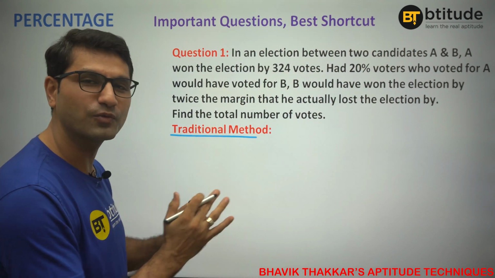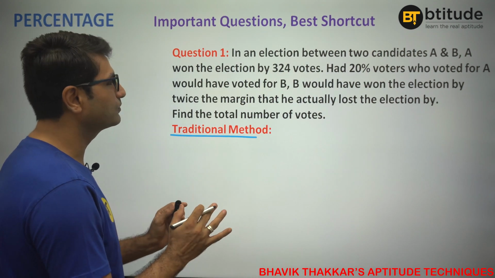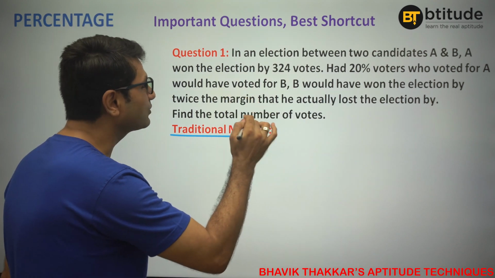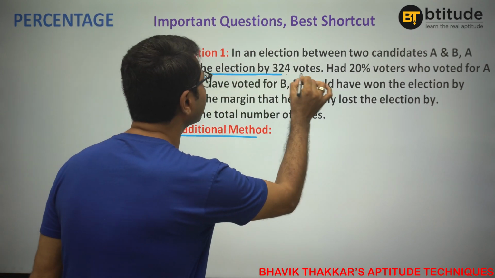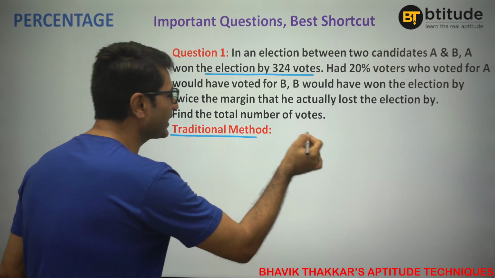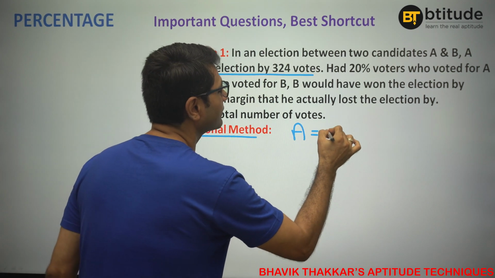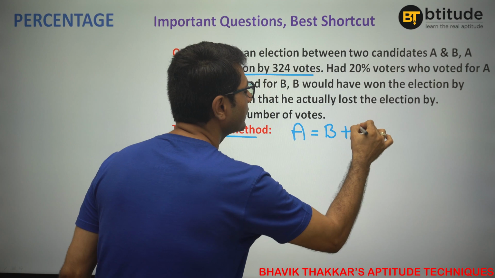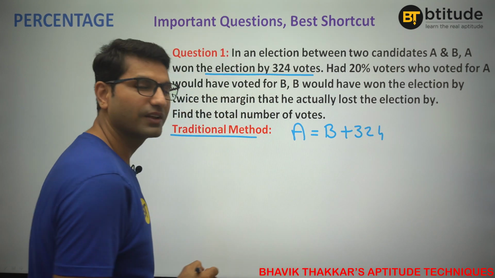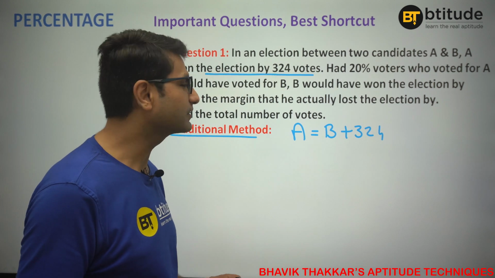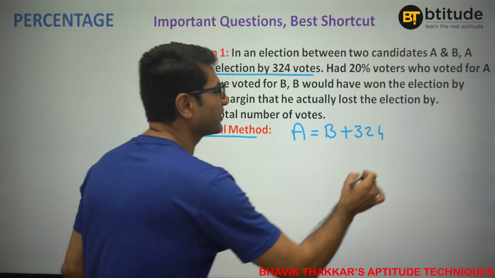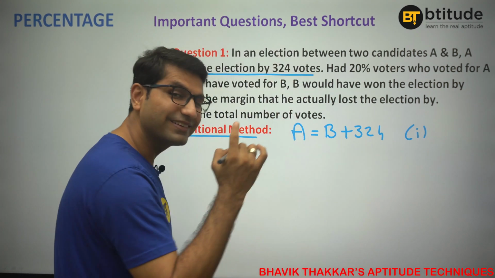As soon as we look at the question, the first thing we know is that A won the election by 324 votes, so we can make an equation: A is equal to B plus 324. That would be the traditional method. This is equation number 1. Now, there is a scenario.